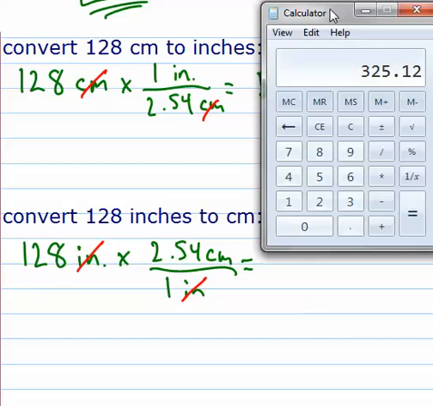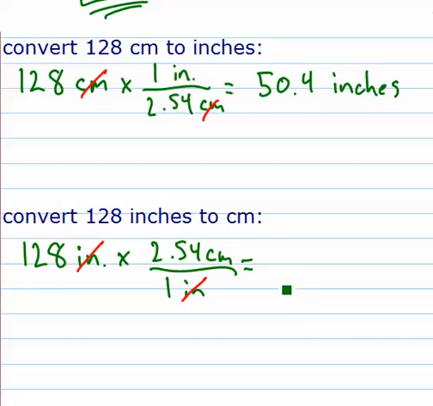Again, rounding to 3 sig figs. And so we will report this in centimeters as 325 centimeters. And this will be our final answer. So in both of these cases, we are going to include the proper units, and the appropriate number of sig figs, 3 sig figs in both of these examples.